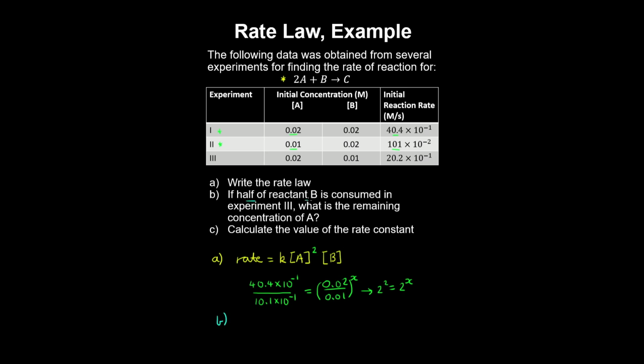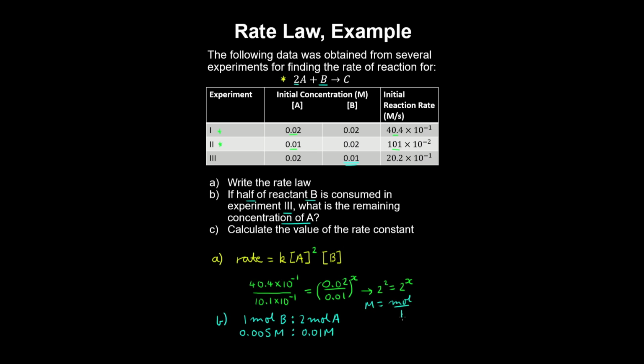Now if half of reactant B is consumed in experiment 3, what is the remaining concentration of A? So 2 moles of A are consumed for every mole of B. And if half of reactant B is consumed, 0.01 molar of A is consumed, assuming you have the same volume of both reactants.